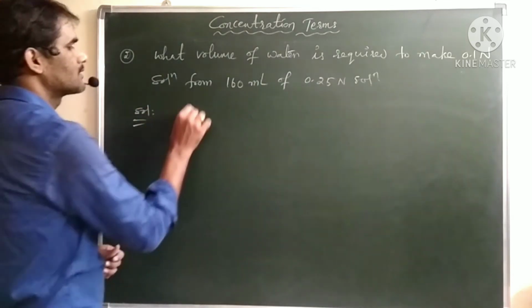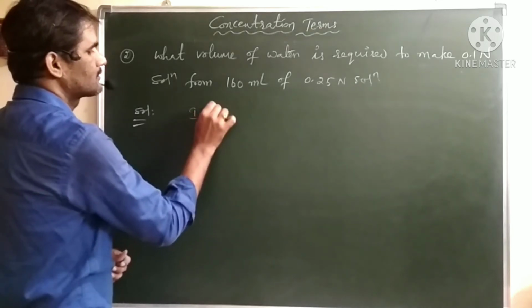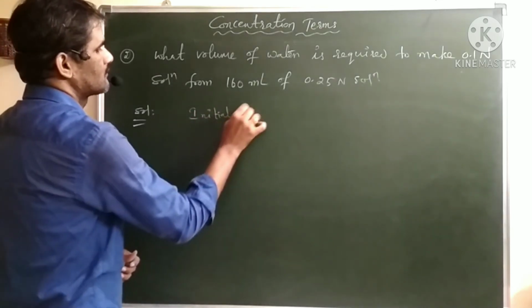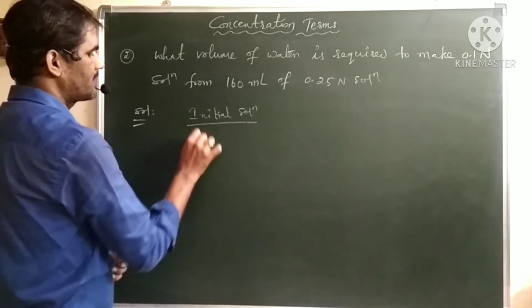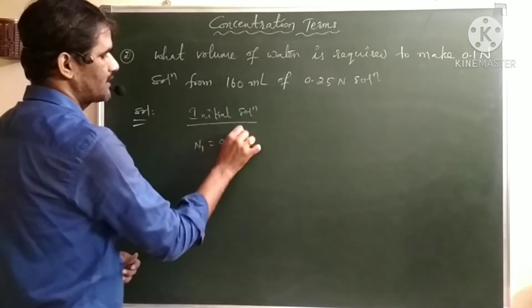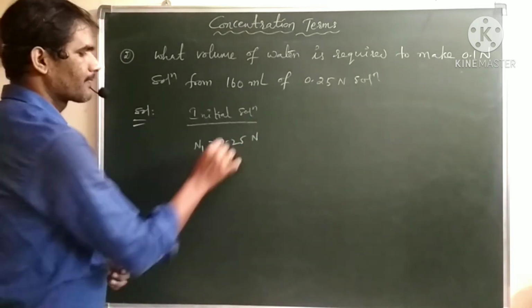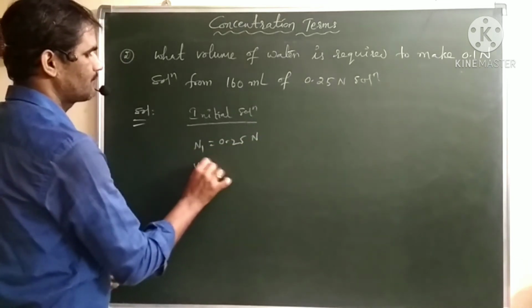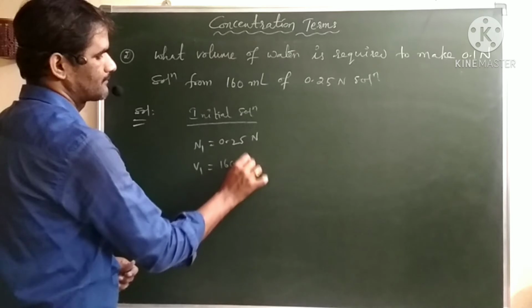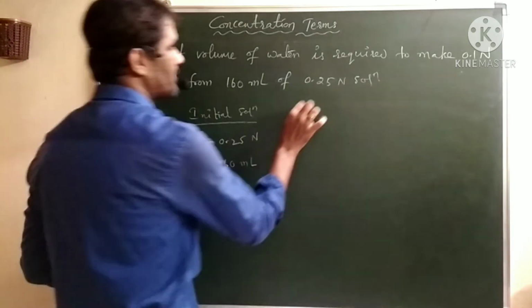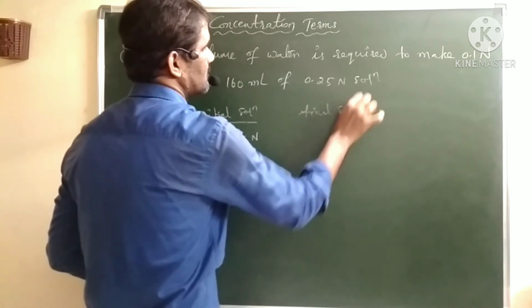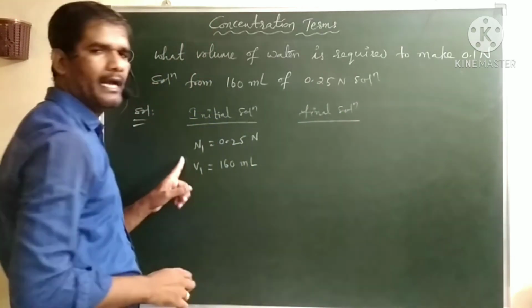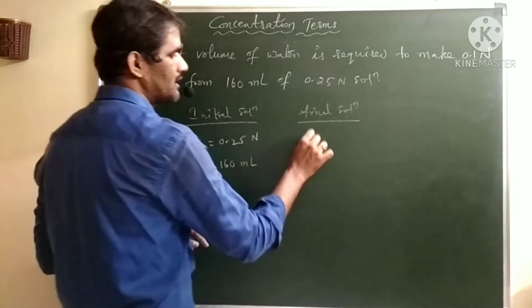So here again, the initial solution has normality N1 of 0.25 normal and volume V1 of 160 ml. Now for the final solution, we are adding some water, then the normality will change.